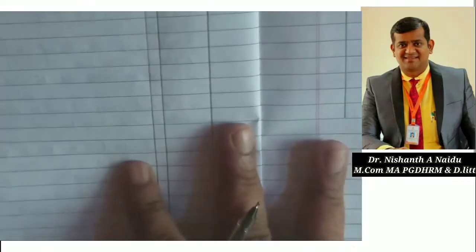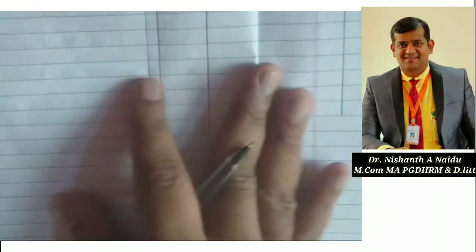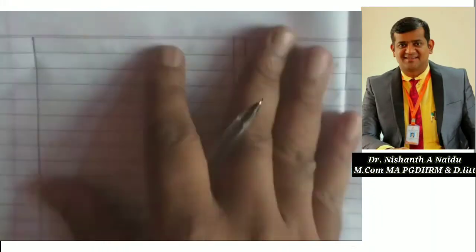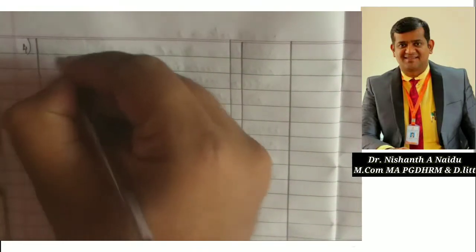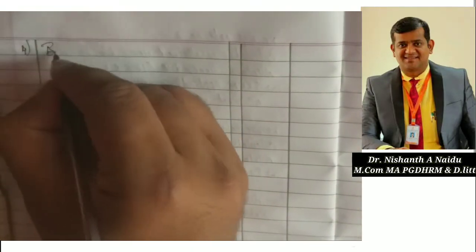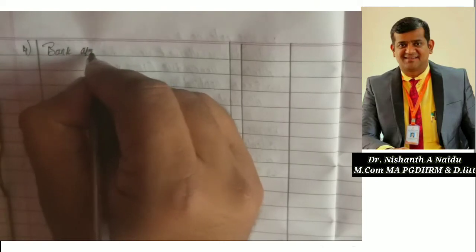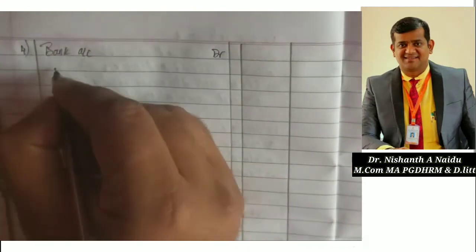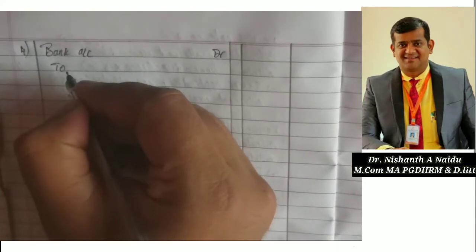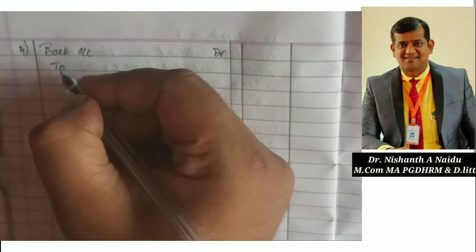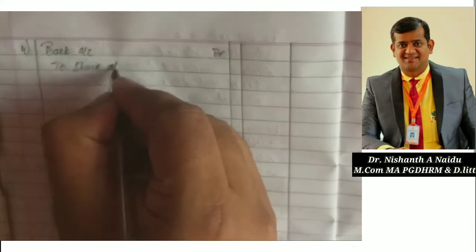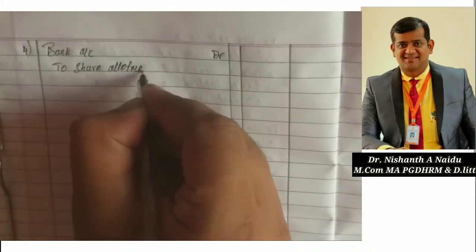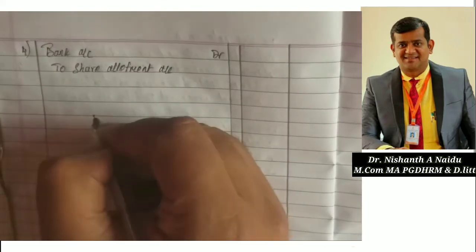I'm ready with the table already, so you should also be ready. Now I'm passing the 4th journal entry, that is the receive entry. Bank account debtor to share allotment account.